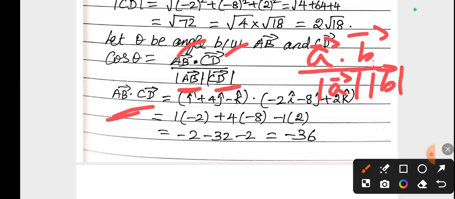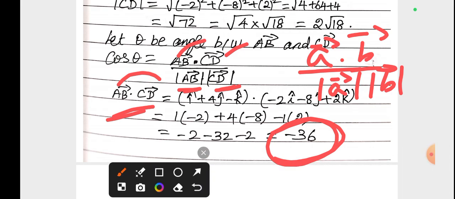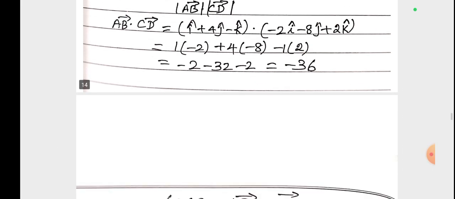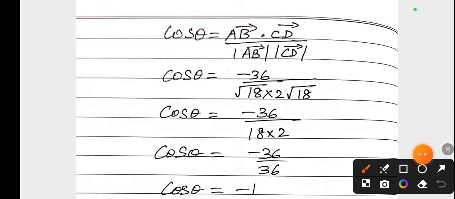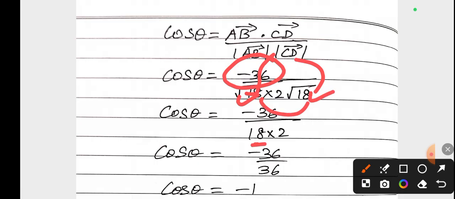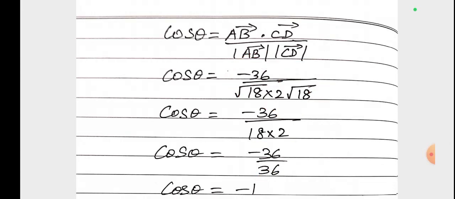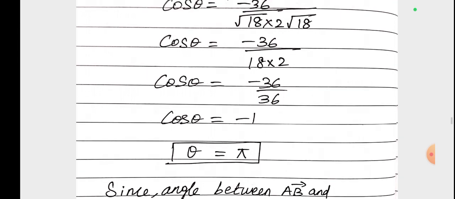When doing the dot product AB dot CD, we got the answer minus 36. Magnitude of AB is root 18, magnitude of CD is 2 root 18, root 18 into root 18 is 18, 18 twos are 36, 36 cancels, getting the value minus 1.